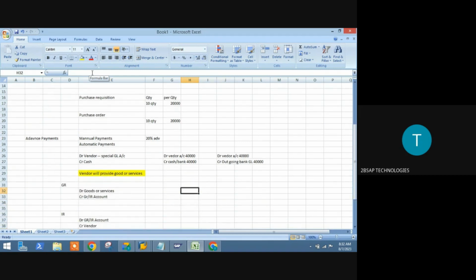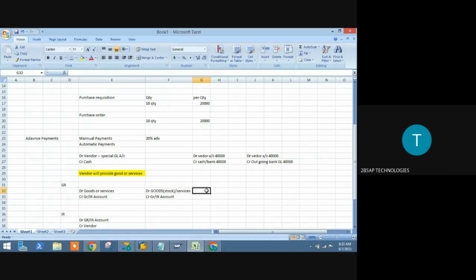Next, here you are doing goods receipt. What is your accounting entry at the time of goods receipt? Debit goods or services, credited to CRIR.